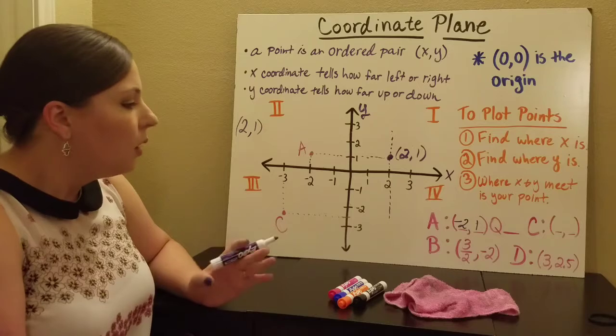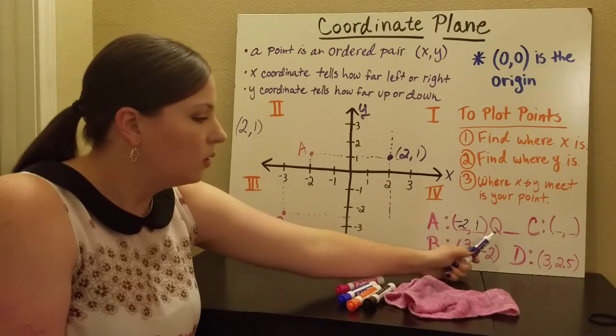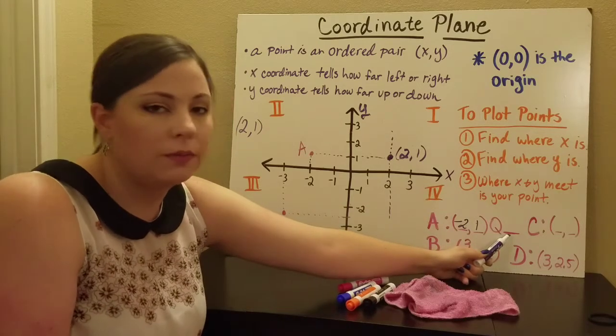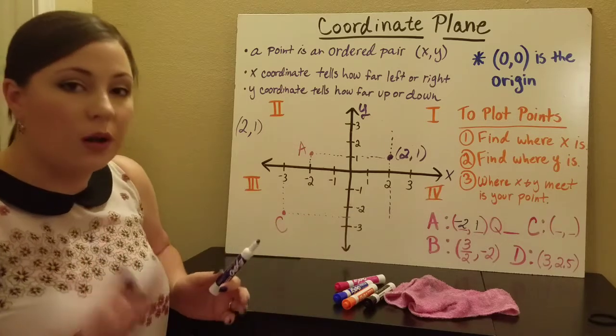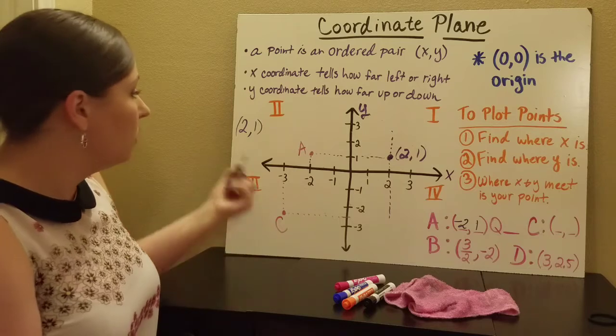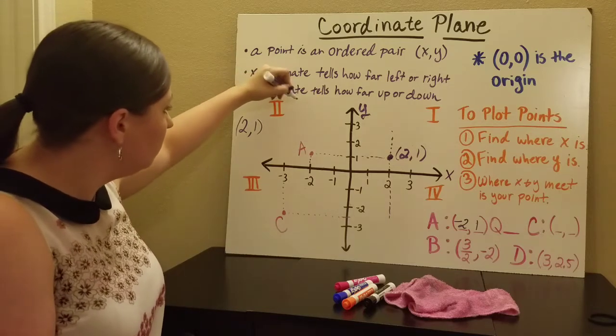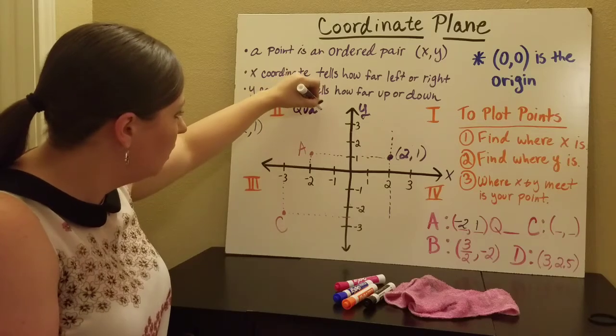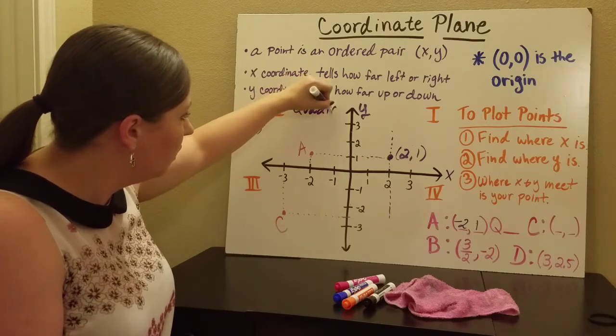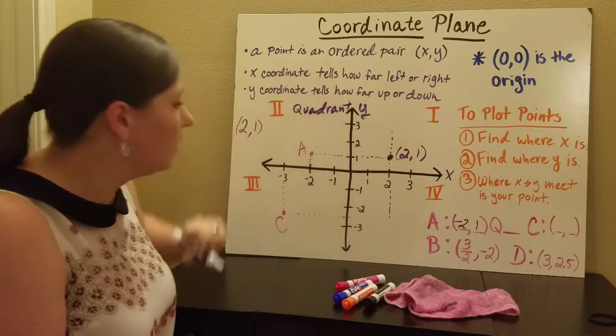Now if you notice here, I have Q and then a blank. You also need to be able to tell sometimes what quadrant. I'll write that word down. Q-U-A-D-R-A-N-T.